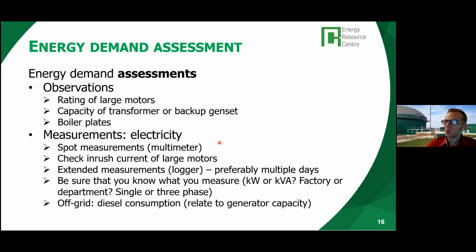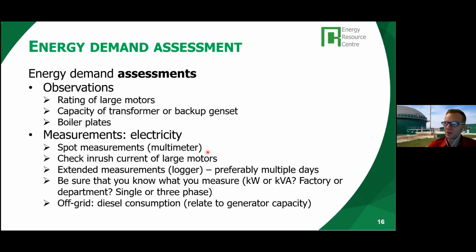What you can do on the one hand is carry out spot measurements. If you have a multimeter, preferably a multimeter with a function that can actually measure the power consumption and the power factor.